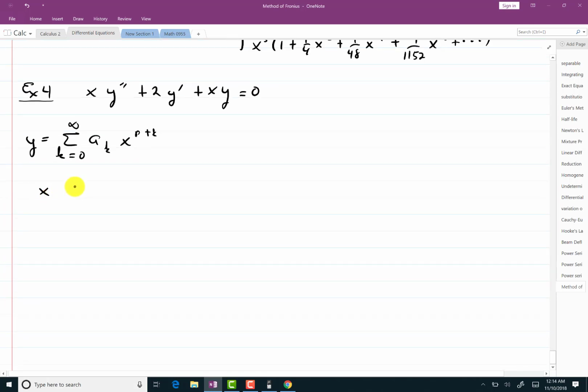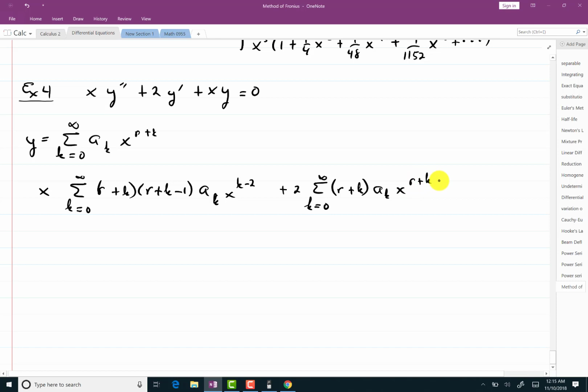So I'll get x times the sum k equals 0 to infinity, r plus k times r plus k minus 1, a sub k x to the r plus k minus 2, plus 2 times the sum k equals 0 to infinity, r plus k a sub k x to the r plus k minus 1, and then plus x times the sum k equals 0 to infinity, a sub k x to the r plus k. All that's supposed to equal 0.